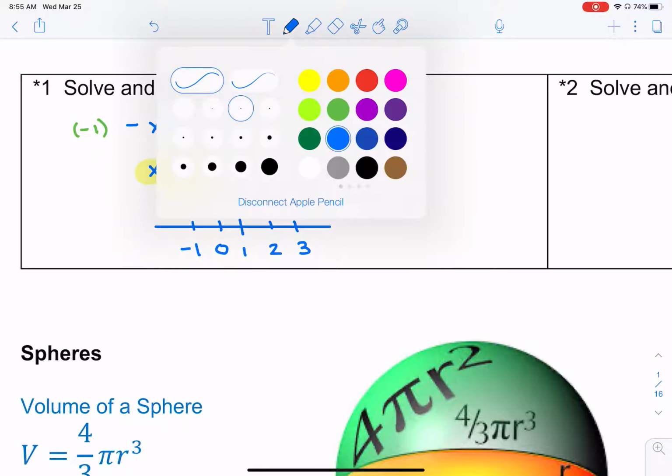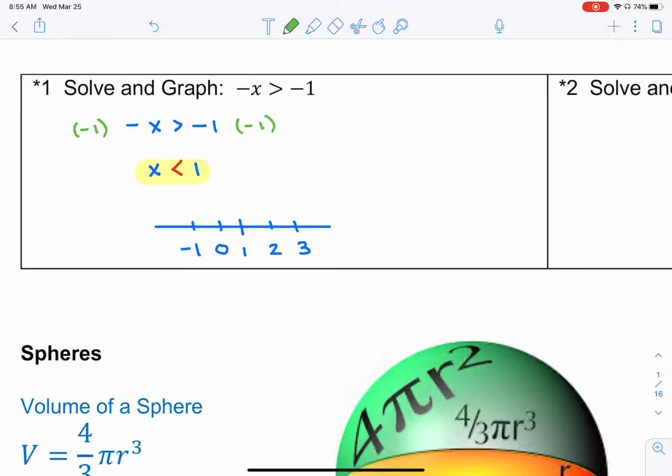Okay, and I'm going to focus in on the inequality symbol is a less than symbol, which means that we are going to be going left. We also have it as an open circle because it does not have an equal bar. So we have an open circle, it's going left, and we just show that continuation with an arrow.